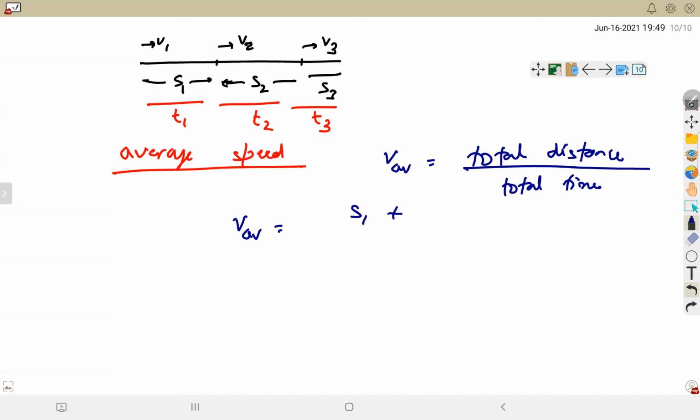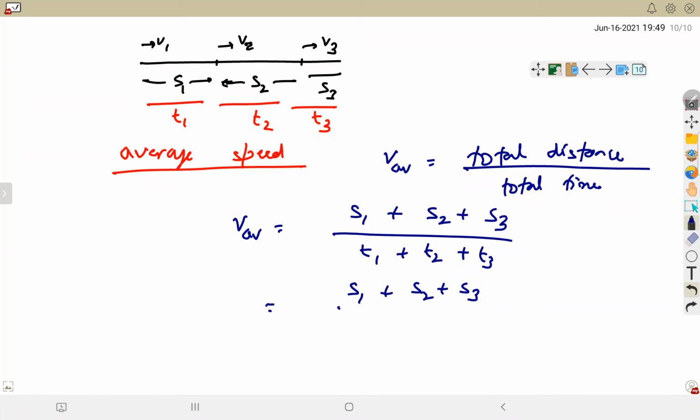Here t1, t2 and t3 are not known, so we can calculate them in terms of distance and speed. So it is s1 plus s2 plus s3 divided by s1 by v1 plus s2 by v2 plus s3 by v3. That will be the average speed.